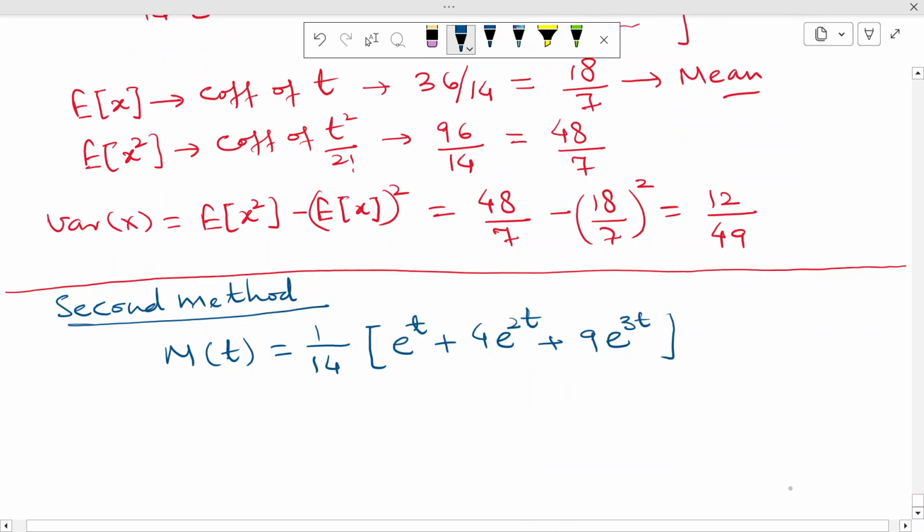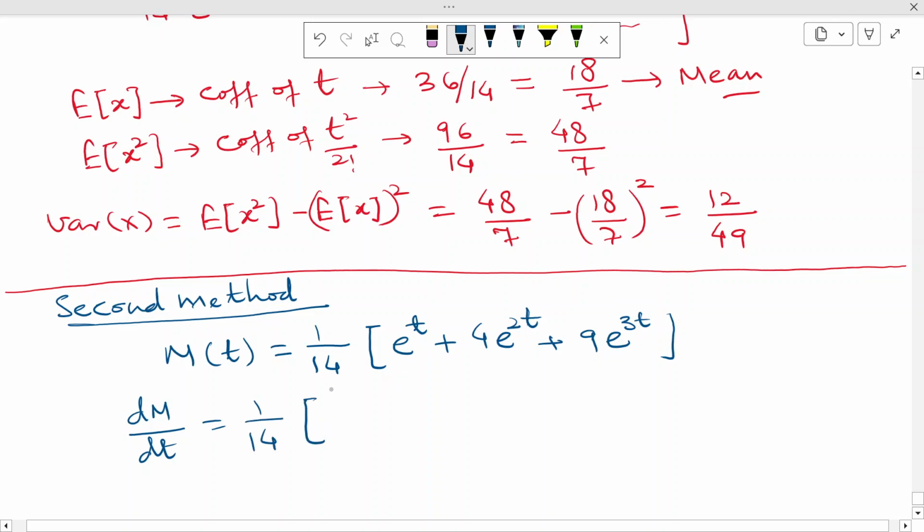Now as we discussed earlier, in order to obtain our first moment, we have to differentiate this moment generating function with respect to t. Okay, so first we are differentiating this. So this is 1 by 14.